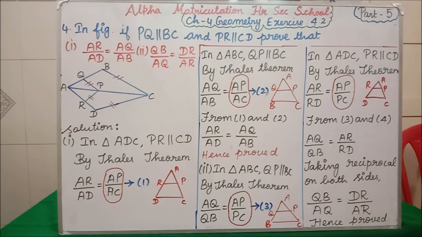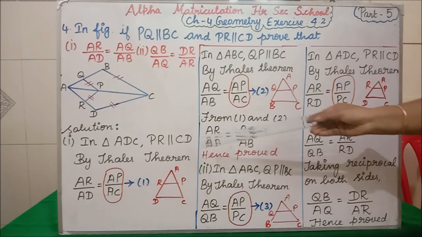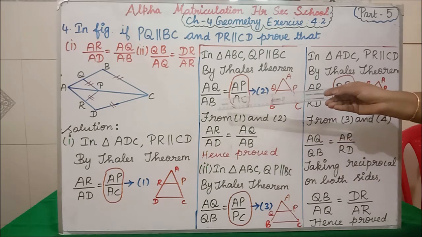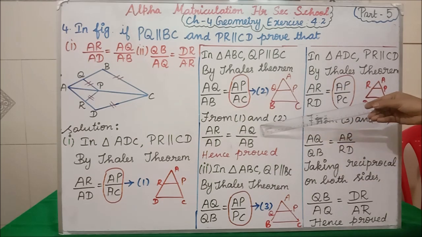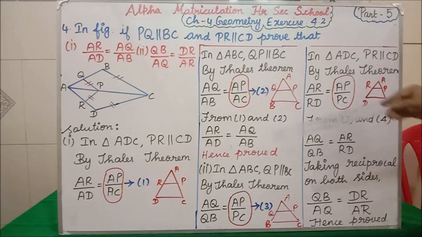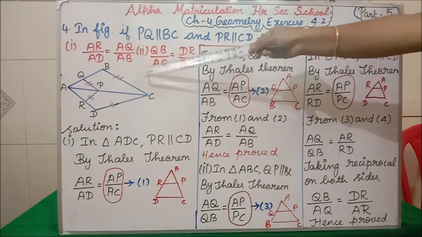I have told you before, if both the right hand sides are equal, then obviously the left hand sides are equal. On that side the left hand side is AR divided by AD, and on this side it is AQ divided by AB. From 1 and 2 we have written this. Clear? This only we have to prove in your first division.